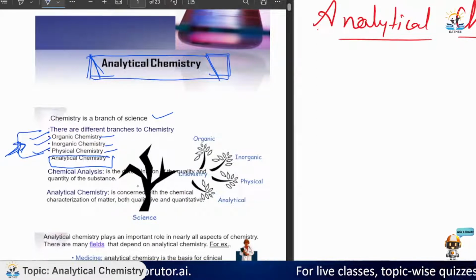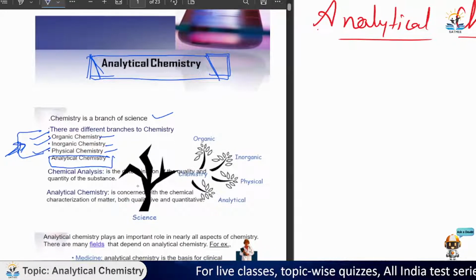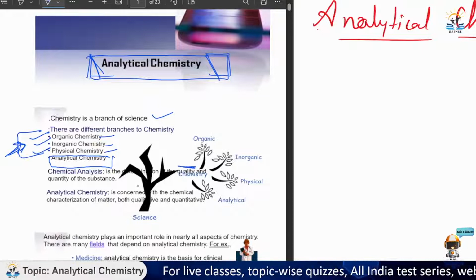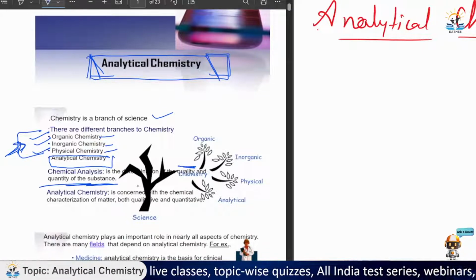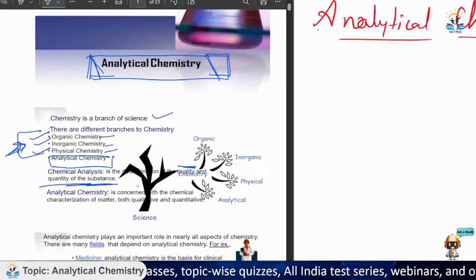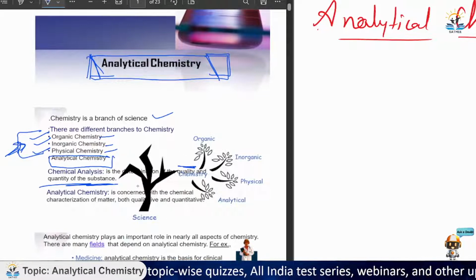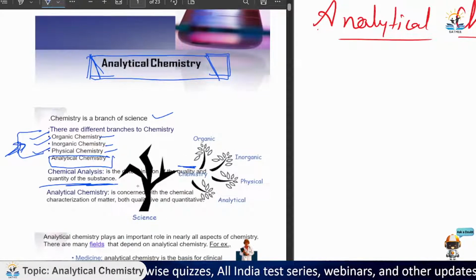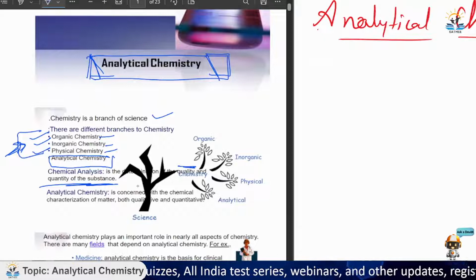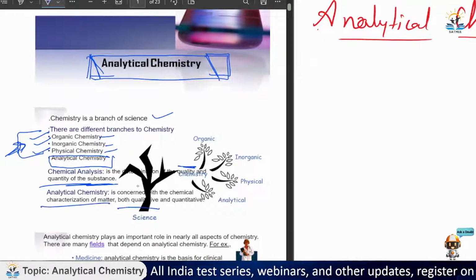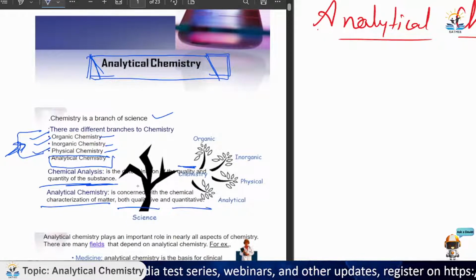Okay, so what does analytical chemistry say? Chemical analysis is the, okay, it is hidden by that picture. The thing is the quality and the quantity of the substance. In chemical analysis we are not concerned about quality and quantity. But analytical chemistry is concerned with the chemical characterization of matter, both qualitative and quantitative.